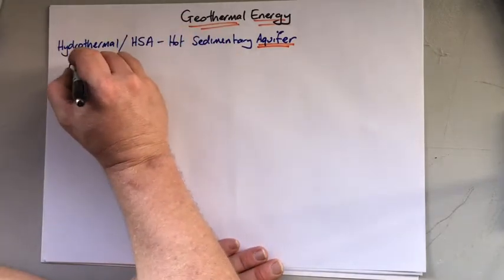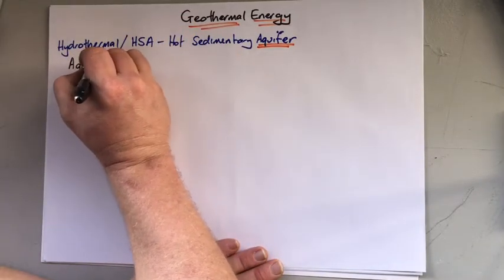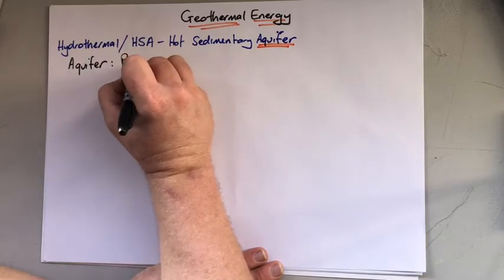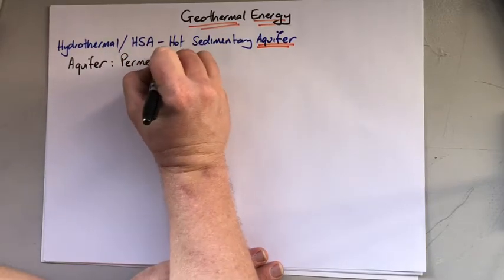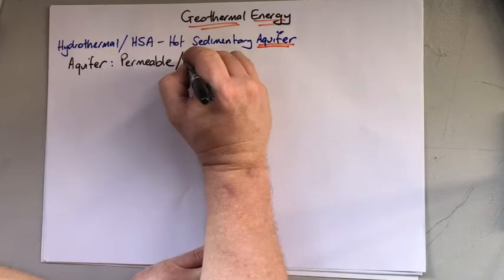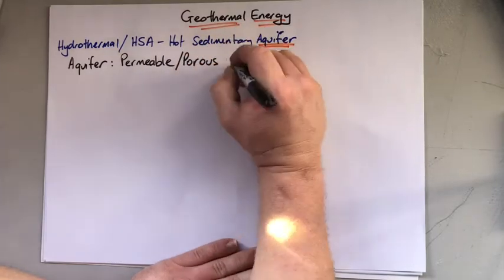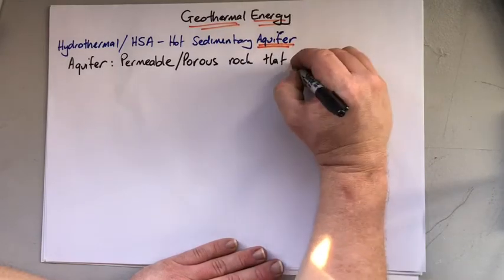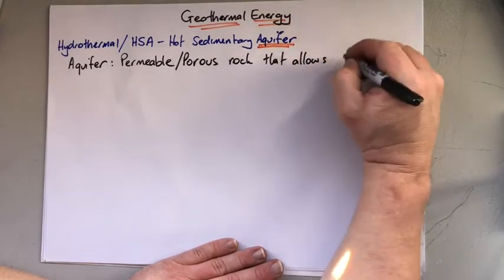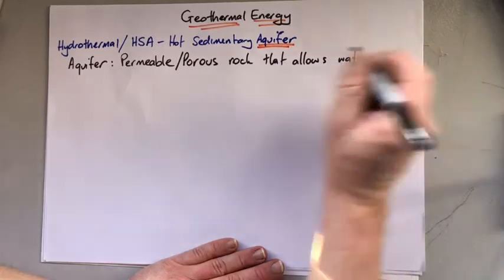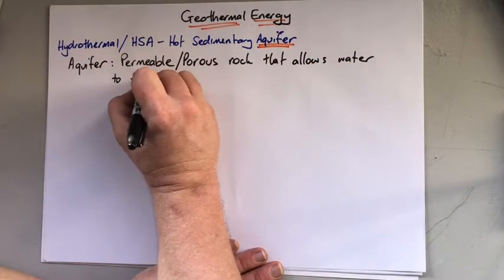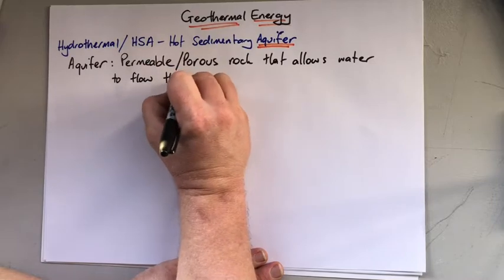So an aquifer is a permeable, we can also say a porous, rock that allows water to flow through it.